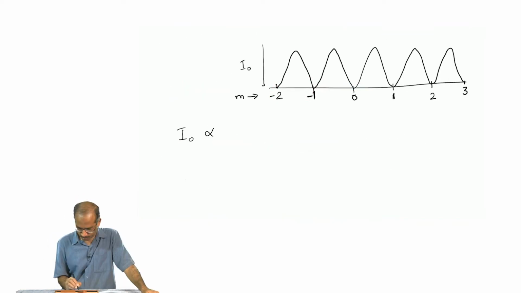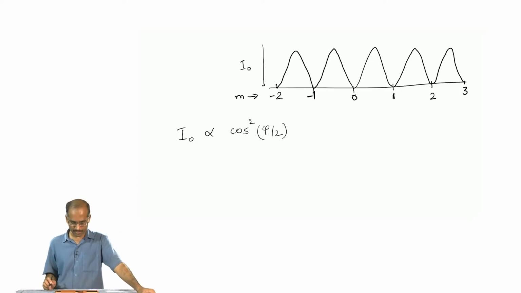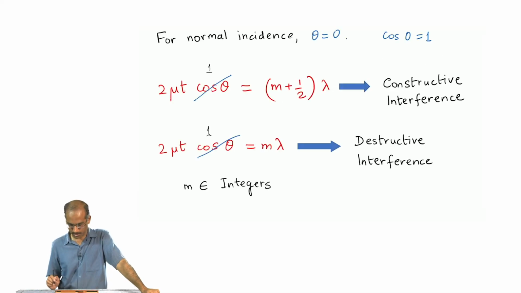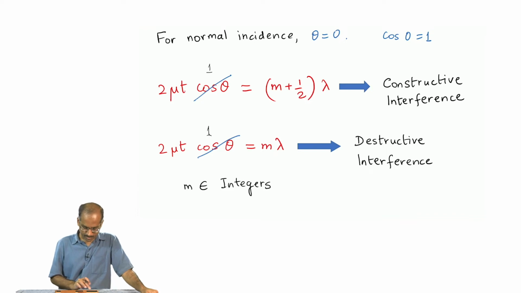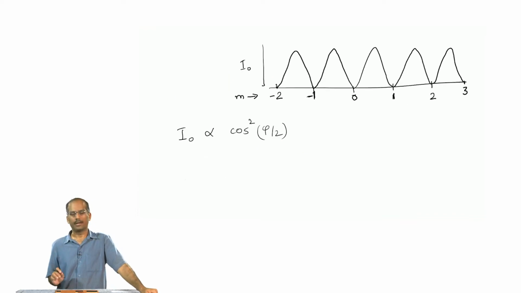I 0 is proportional to cos square of phi by 2, where phi is the phase difference. So, now you can calculate the corresponding phase difference and substitute it here, and again you will get a pictorial representation which would look like this.